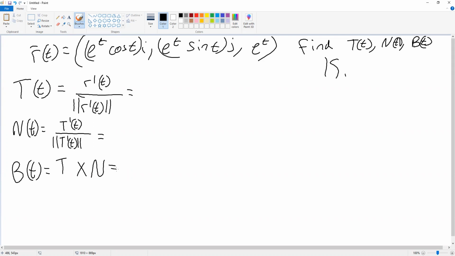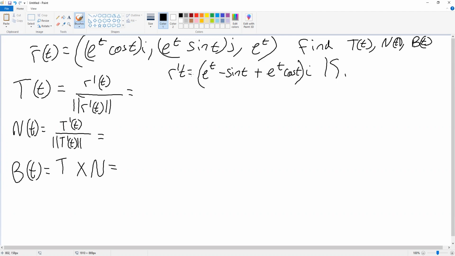Okay, so if we look for r prime of t, that's gonna be a product rule, right? Product rule, we're gonna have e to the t times negative sine t, right? Plus e to the t cosine t. And that's the i coordinate, right?